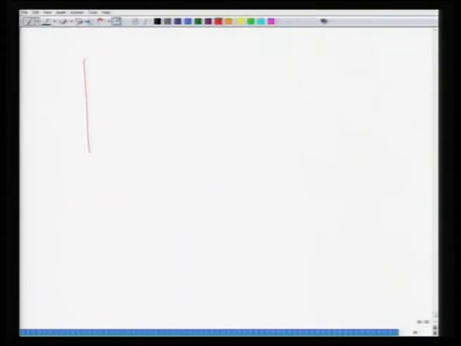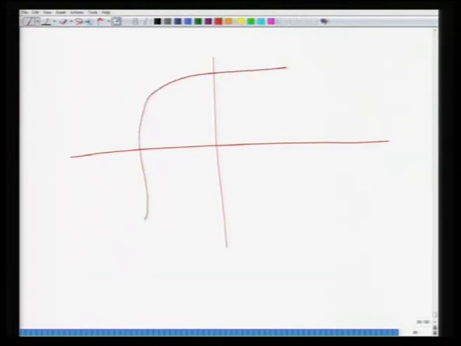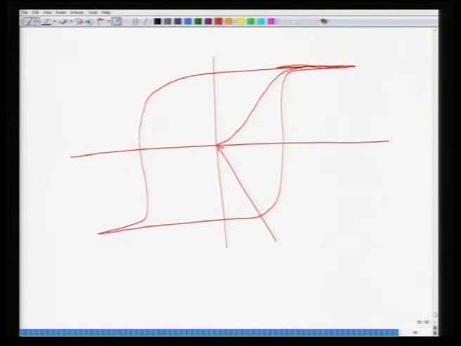So, in the ferromagnetic material, the way domains grow is, so you have a situation. So, this is the ferromagnetic loop, all right, and okay. So, this is the virgin state of the material. So, let us say the domain structure at this point is something like this.